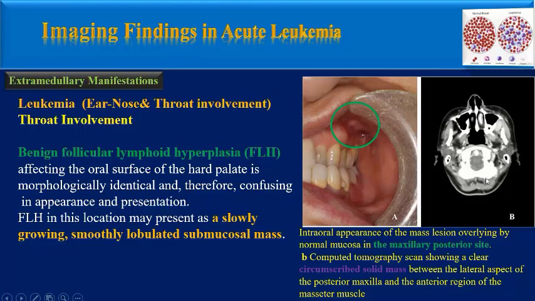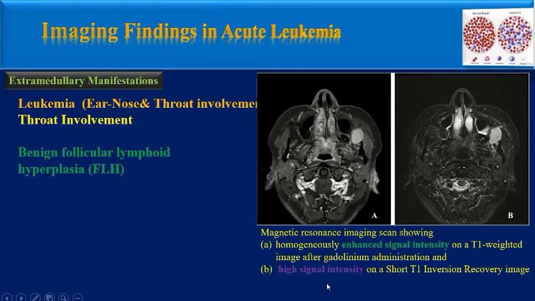This axial CT image shows a clear, circumscribed solid mass between the lateral aspect of the posterior maxilla and the anterior region of the masseter muscle. This is an MRI of the same area, showing homogeneously enhanced signal intensity on T1 image after gadolinium injection, and high signal intensity on short T1 inversion recovery image.